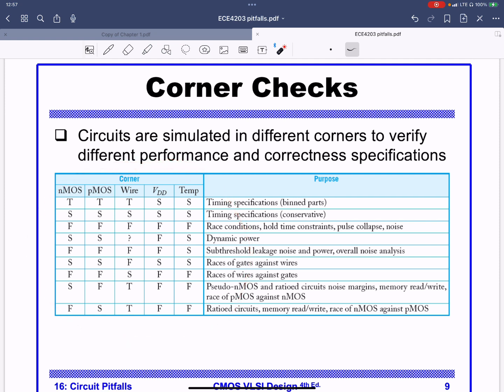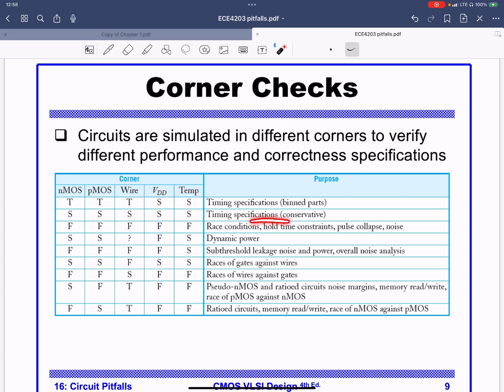For example, if you want to see how fast the parts are going to be running, typically good ones will have typical transistors, typical supply, typical wire. Sorry, slow supply, slow temperature, because that's the worst case the customer can do to your chip.